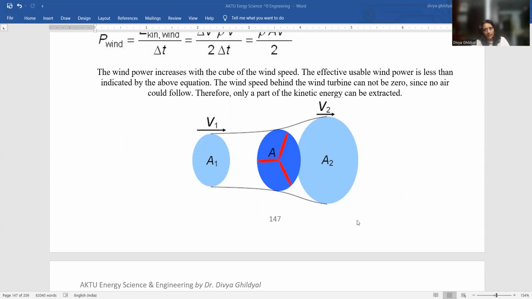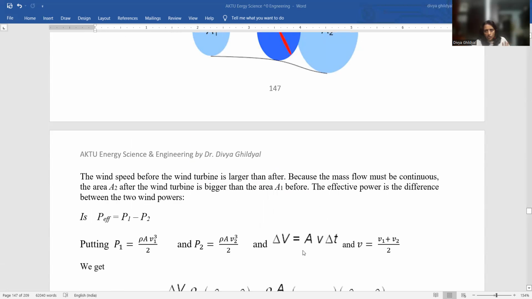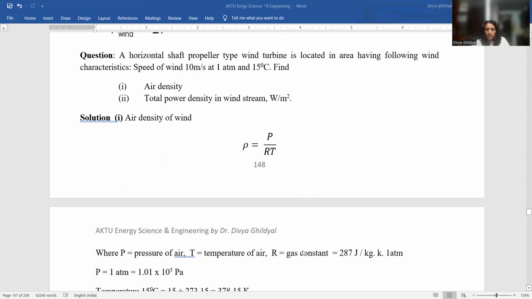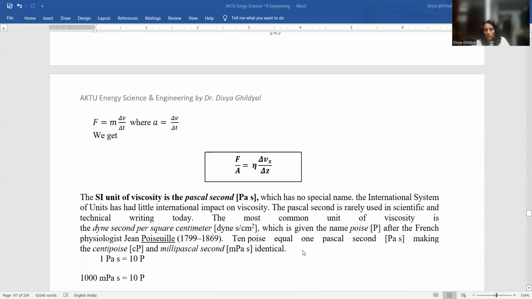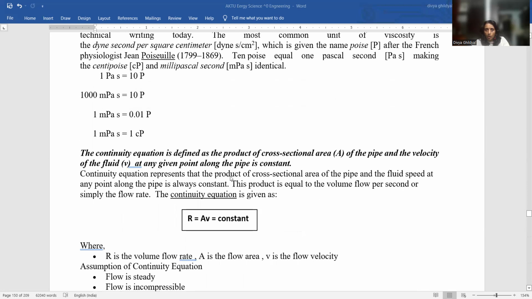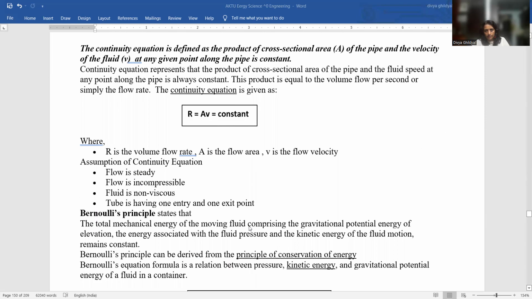Yes, the shape can vary, the velocity can vary, that is all. So that means as per the principle of continuity equation, water is flowing continuously. The product of area into velocity is a constant. Section A question, it can be asked.